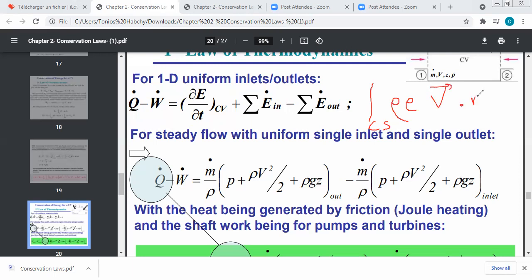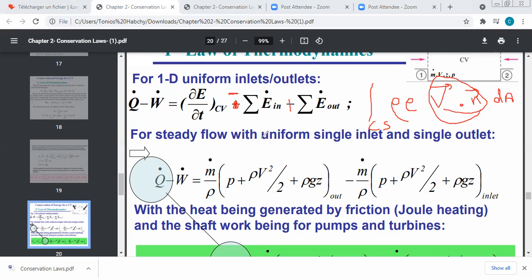And again, always remember V dot N is positive for outlets and negative for inlets. This is why we should have minus the summation of energy fluxes crossing the control surface inward and plus the sum of energy fluxes going outward. And how can we physically interpret this?